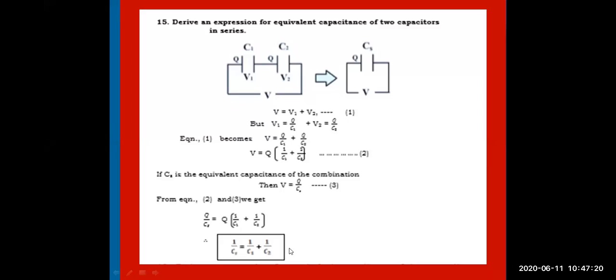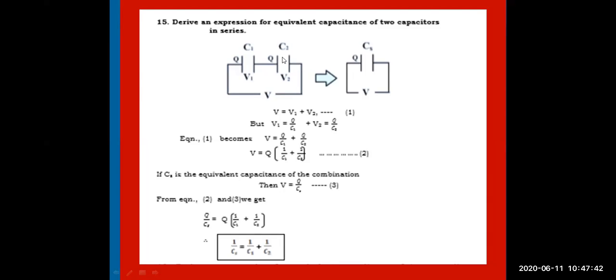This is our expected derivation. So if you're writing it in a statement, the reciprocal of the effective capacitance will be equal to the sum of the reciprocals of your individual capacitances. That is in terms of capacitors connected in series. So I think you're clear with it.